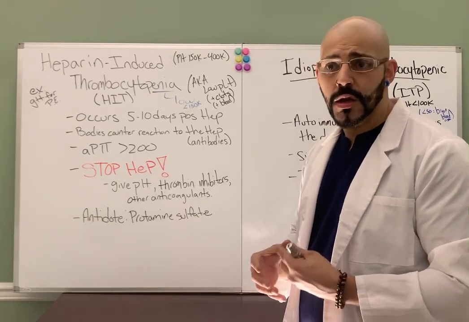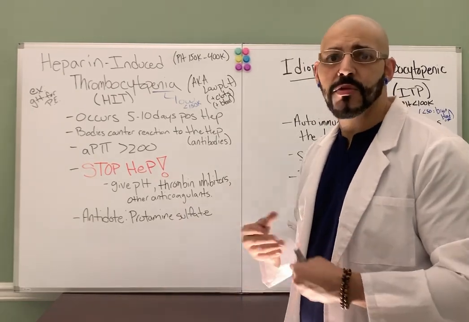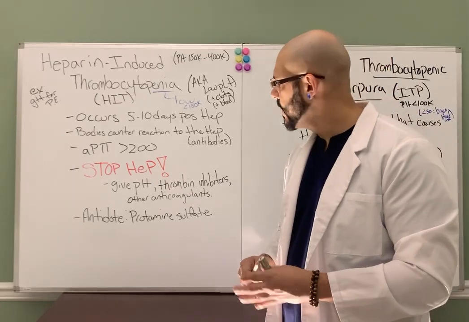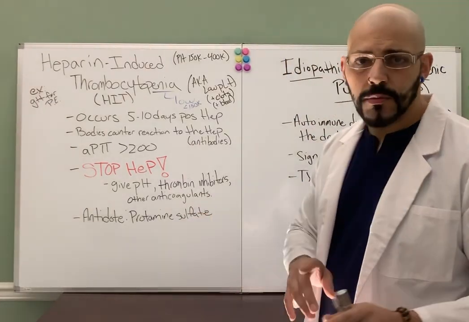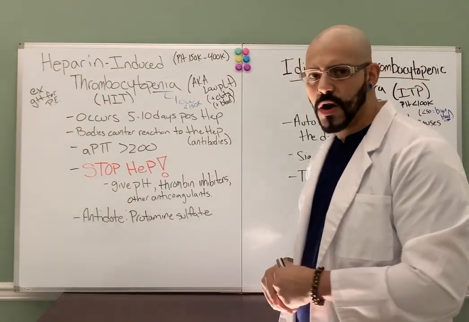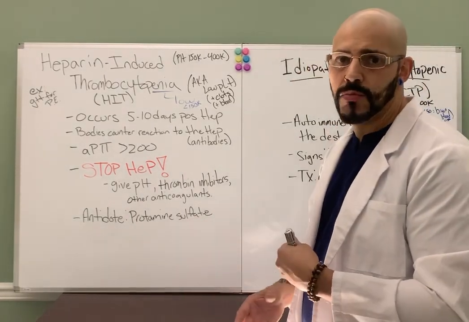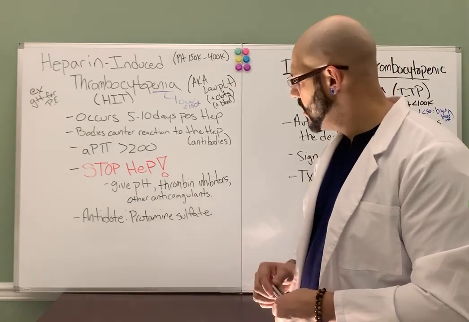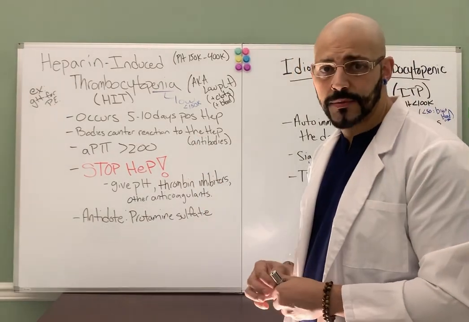Because platelets is what causes scabbing in the body and prevents clotting from happening, okay? Prevents bleeding from happening. Another thing they may ask is for you to give thrombin inhibitors. All this is to help reverse the process of the HIT and prevent further clotting from happening.